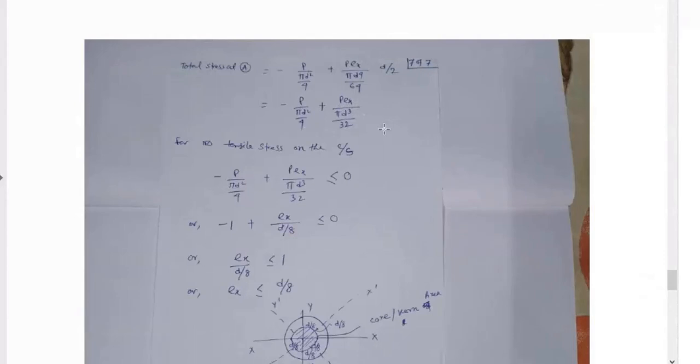For no tensile stress on this cross section, the total stress at the point must be less than or equal to 0. If we simplify this, we get ex less than or equal to d by 8. But in the core area, we consider ex about the y axis.